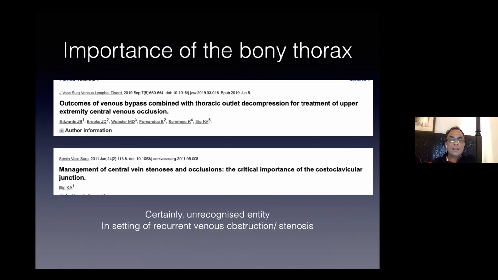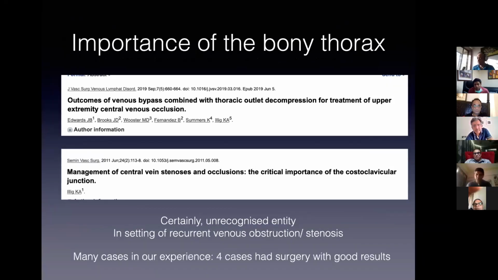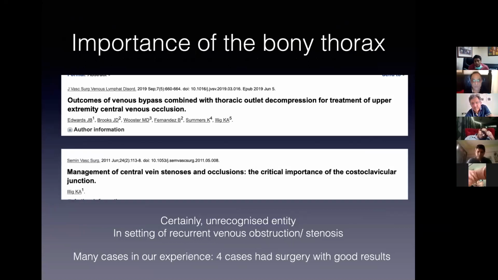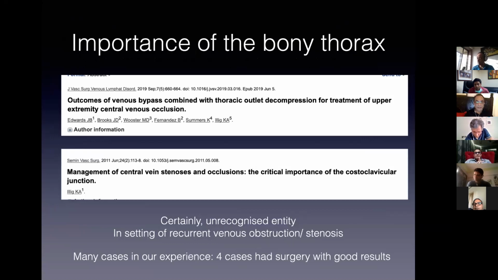Certainly we look at it, if a patient comes back quite soon, we have realized that this actually is the cause. Rather, if you have dilated to an adequate amount, then this almost certainly is the cause. So in our experience, 4 patients have had the surgery and the results have been very good, and I'm going to show you one of those cases.